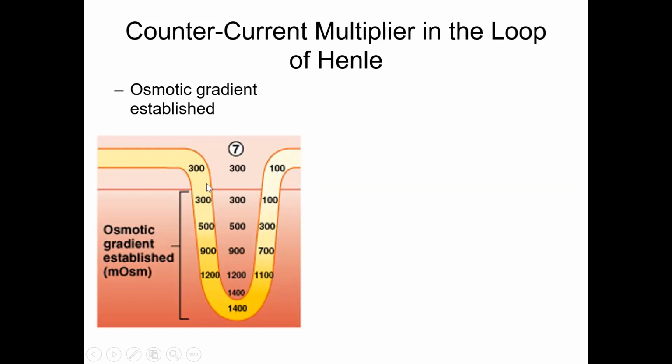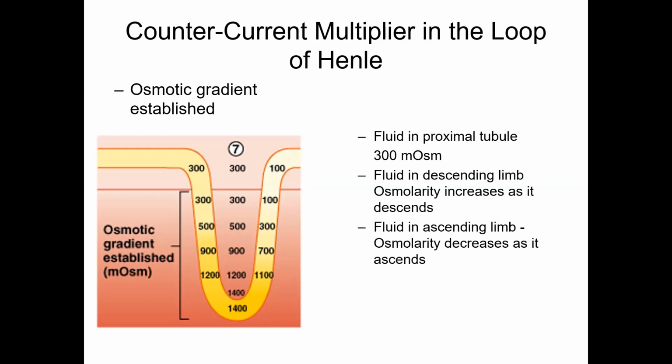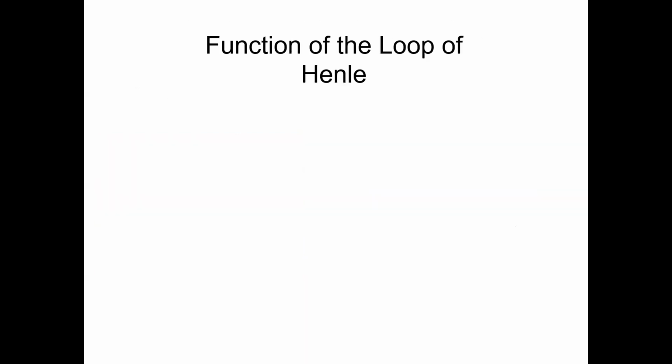All right, so now deep in the medulla you have the established concentration gradient. We are only talking about the juxtamedullary nephrons, because only this type of nephron has a long loop of Henle extended into the medulla.